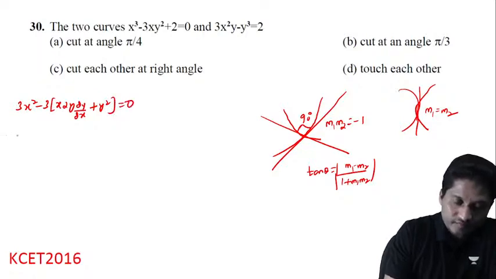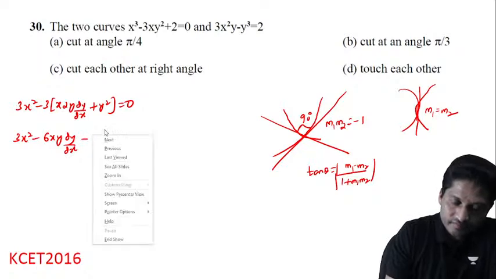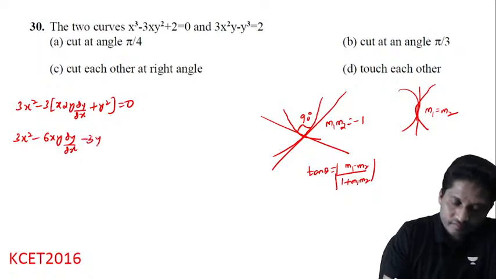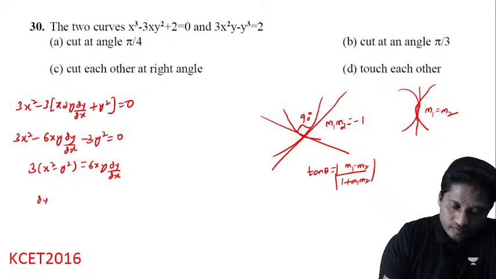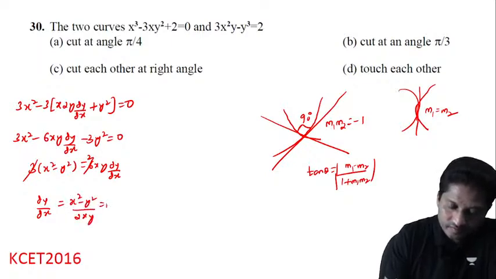So we get 3x square minus 6xy into dy by dx minus 3y square is equal to 0. 3 times x square minus y square is equal to 6xy into dy by dx. Dy by dx is equal to, this will cancel 2 times, x square minus y square divided by 2xy. This is m1.